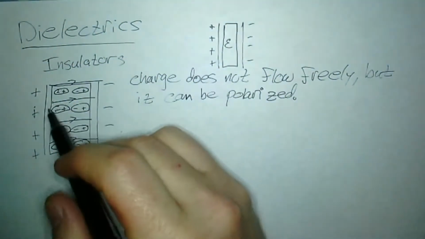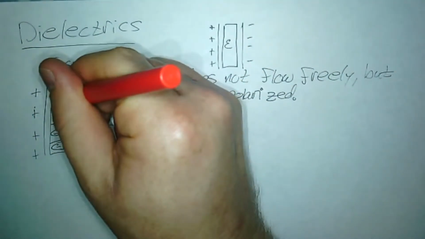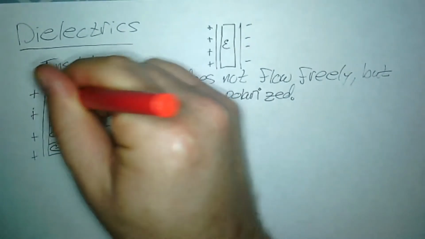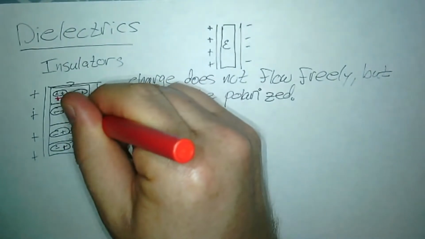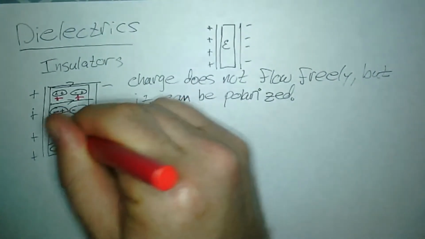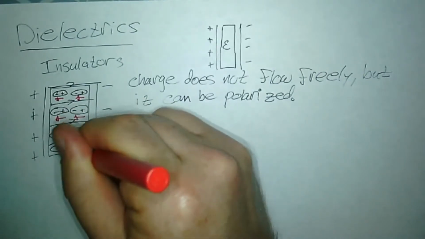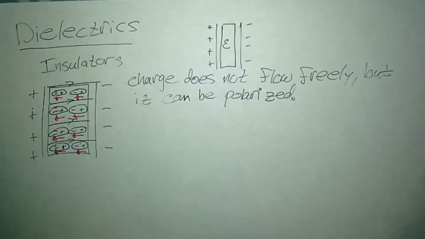So that's what we're doing here. We're creating little polarizations. So now if we look at the electric field inside each little pair, it's actually going to go that way, creating this opposing electric field.